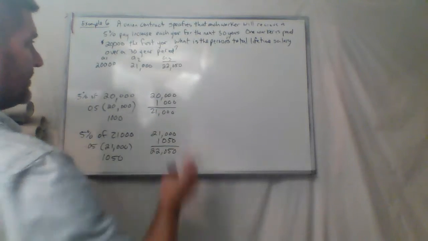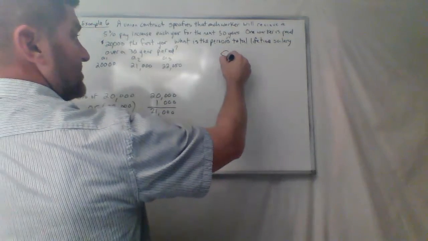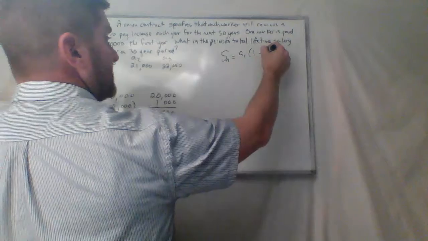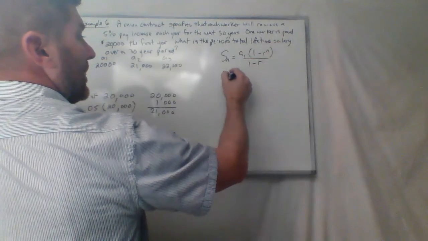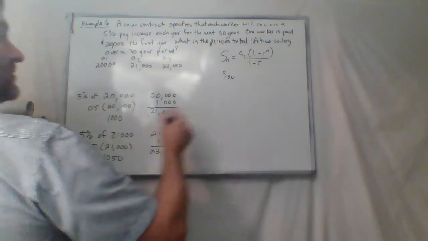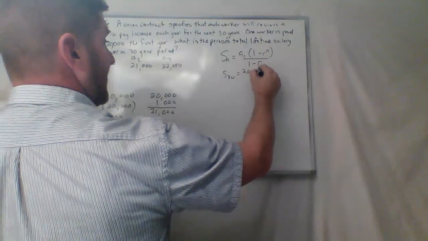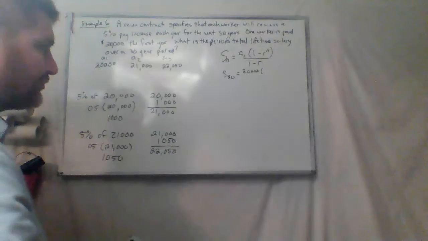So year 3, or A3, would be $22,050. So the question here is, if I have to find the sum of this geometric pattern, the sum of this many terms is A1 times 1 minus r to the n over 1 minus r. I already know n is 30 because I'm looking for a 30-year period. My first term, the first year salary, was 20,000. The one thing I don't know is, what is r?